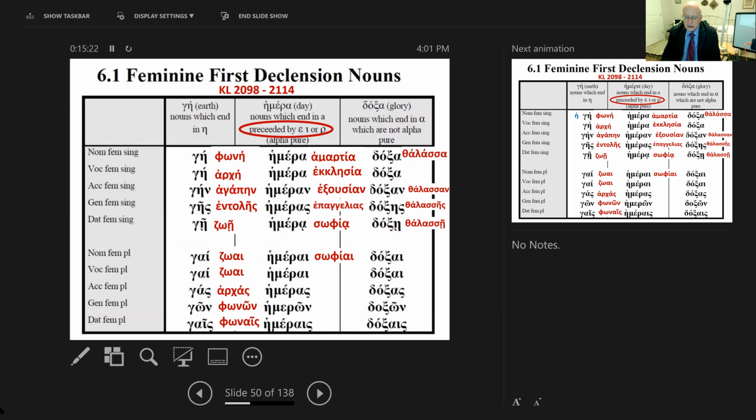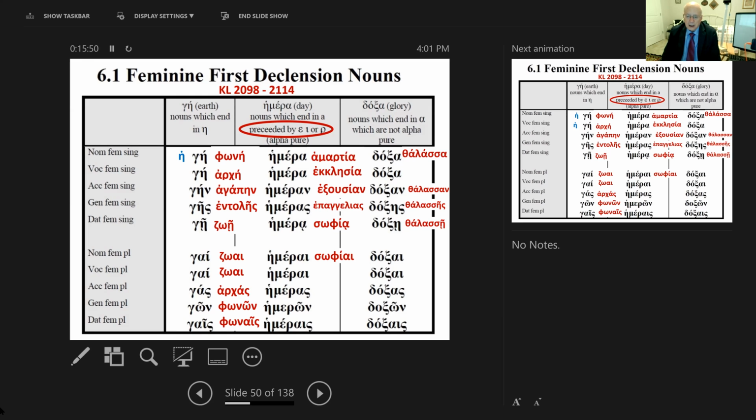Now the easiest way is to add those here to the feminine nouns. And you'll notice that I'll only put one hē because it will be the same. The article will be the same with every feminine word. So it's hē gē, the land. Hē phōnē, the voice.